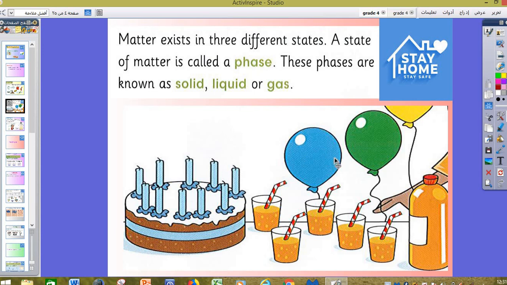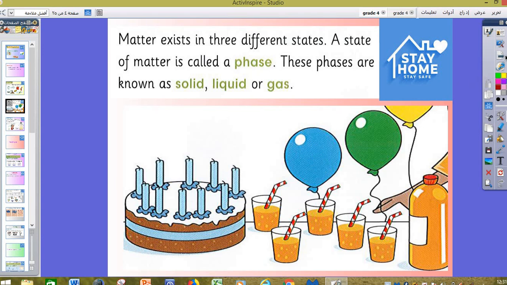Inside this balloon, there is gas. And this is a cake and candle, and both of them are solid. So cake is solid, juice is liquid, and balloon is gas.